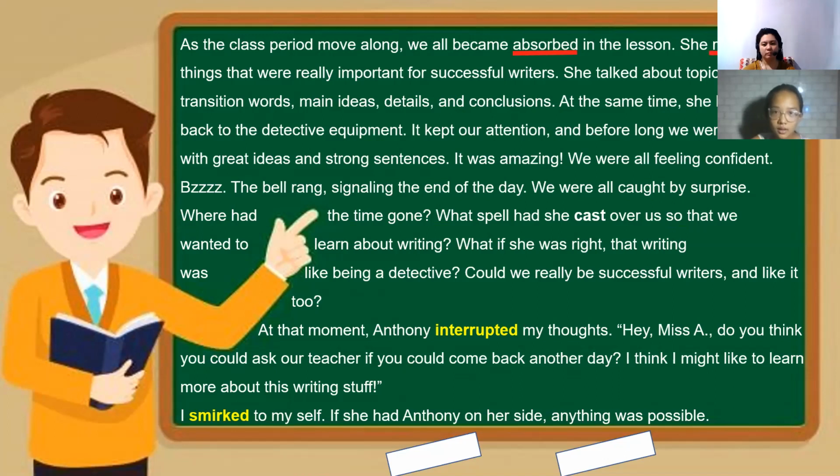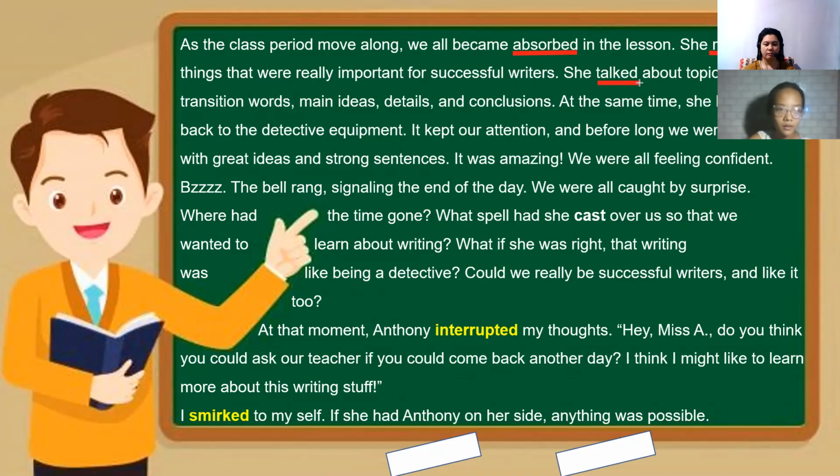She talked about topic sentences, translation words, main ideas, details, and conclusions. At the same time, she kept going back to the detective equipment. It kept our attention, and before long, we were coming up with big ideas and strong sentences. It was amazing. We were all feeling confident.